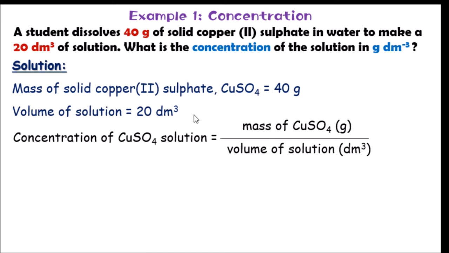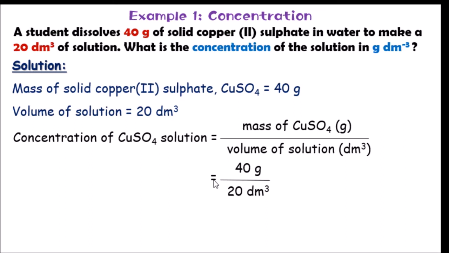You need to remember the formula: the concentration in gram per dm³ uses the mass of the solute divided by the volume of the solution in dm³. Mass of copper(II) sulfate is 40 gram, volume of the solution is 20 dm³. So 40 divided by 20.